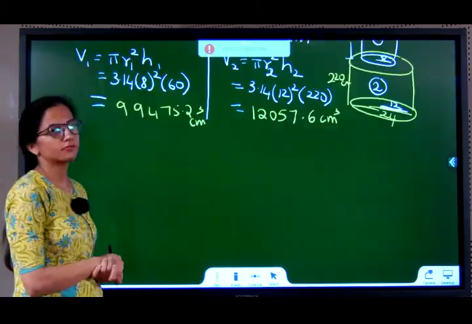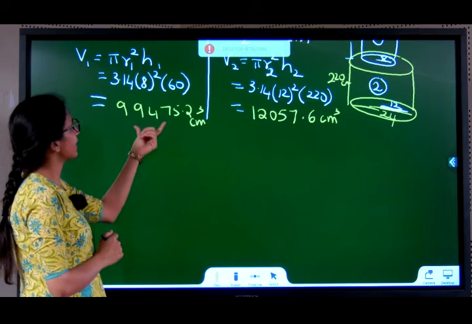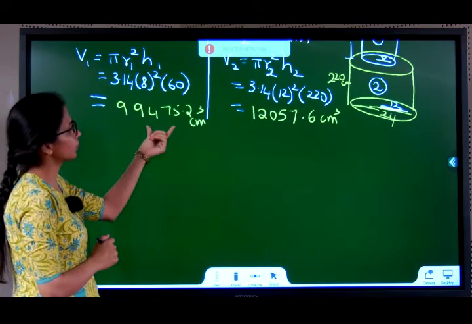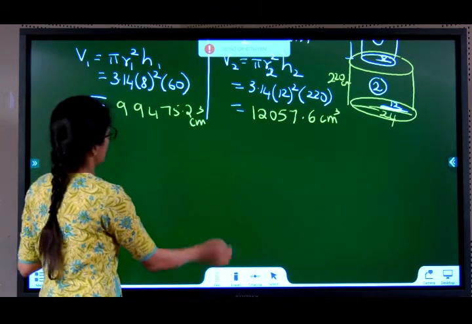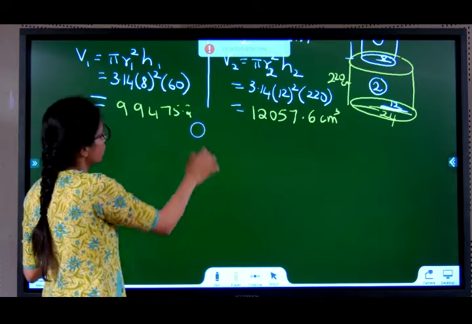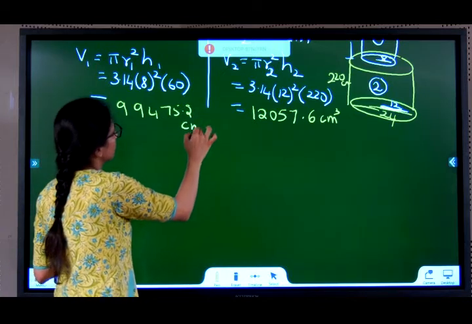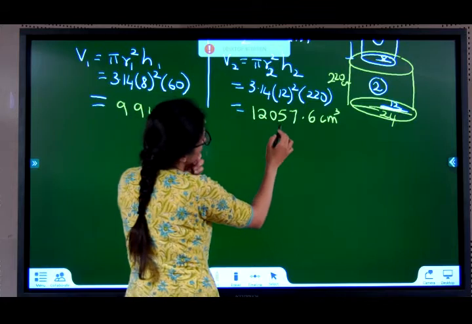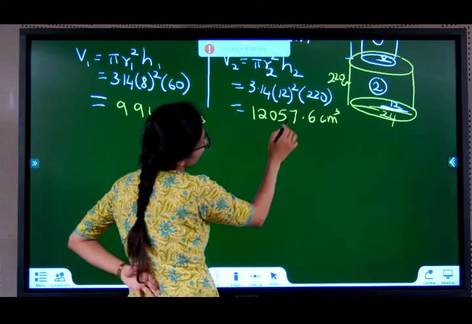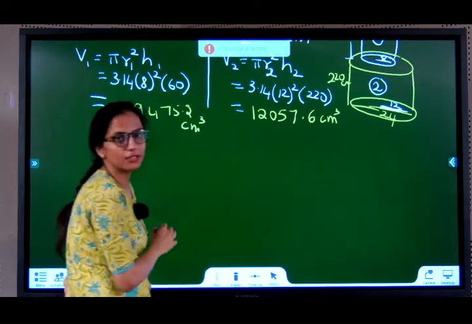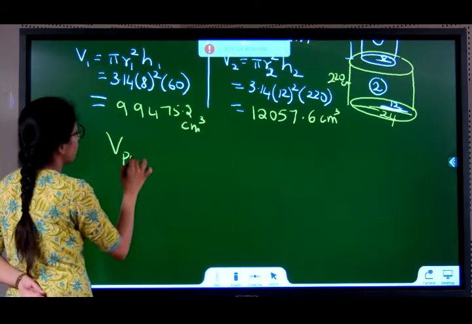Verify it. So you get the volume of the first cylinder as 99475.2 centimeter cube, and the volume of the second cylinder as 12057.6 centimeter cube. What will be the volume of the pole?